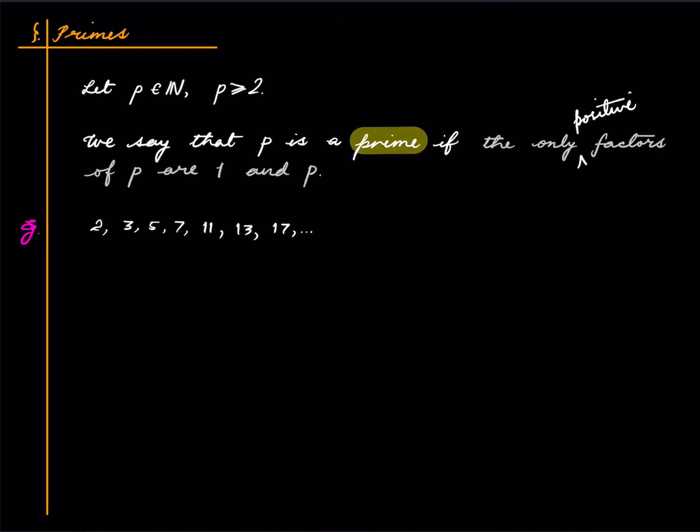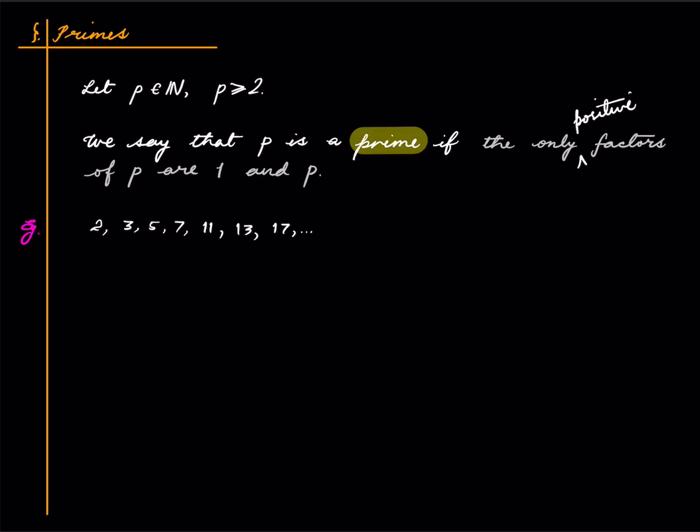All right, great. So let me also introduce the notion of primes, a very fundamental concept in mathematics. So we pick some positive integer P, which is greater than or equal to 2. We say that such an integer is a prime if the only positive factors of P are 1 and P. Note that if you have some positive integer n, then 1 and n are of course positive factors of it.